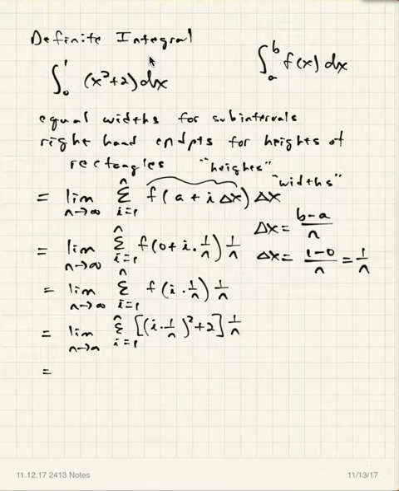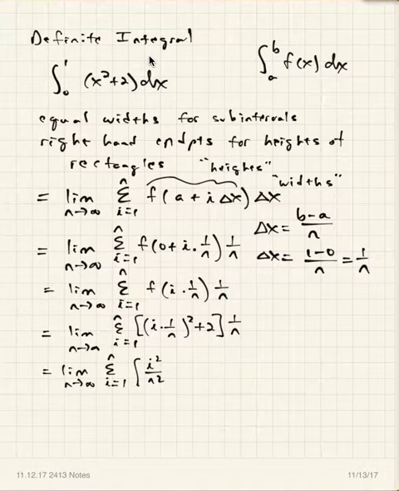So let's see, we go through and do the arithmetic here. We're going to try to evaluate, first of all, this sum, and then take the limit. So you've got i squared over n squared plus 2 times 1 over n.